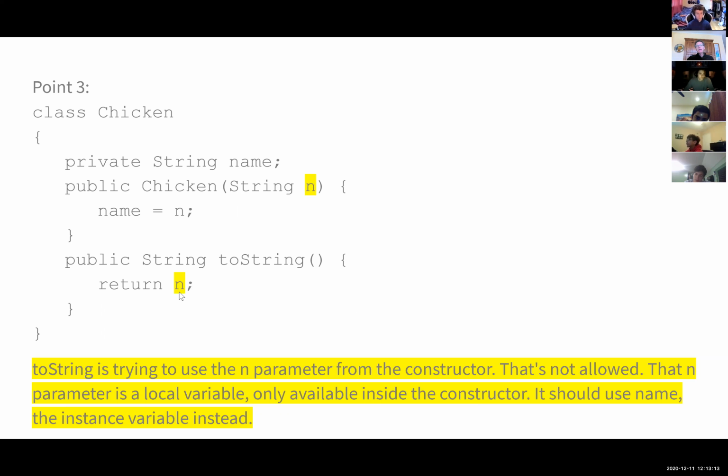Down here, we'd have to say return name, because we have this instance variable name at the top level of the class. Name is the one that's available everywhere. In a way, you can say its scope is global. It's available everywhere inside the class, as opposed to being local. This variable n is local just to the constructor.